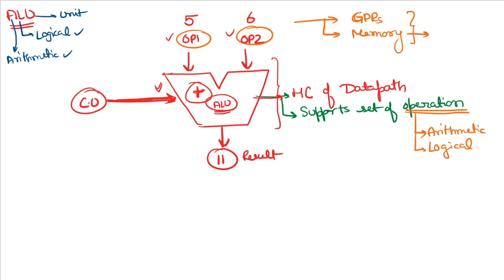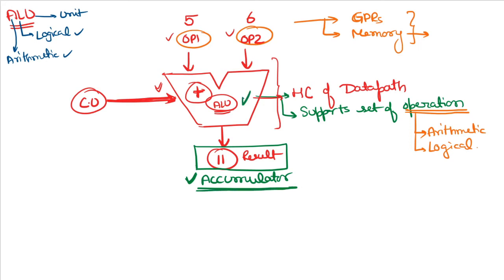Now this 11 is by default always stored in a register called the accumulator. The accumulator is a special purpose register whose task is to store the result of the arithmetic and logic unit. It is specifically designed for that, and since it is used to store the result of the ALU, it is also considered a part of the ALU itself.